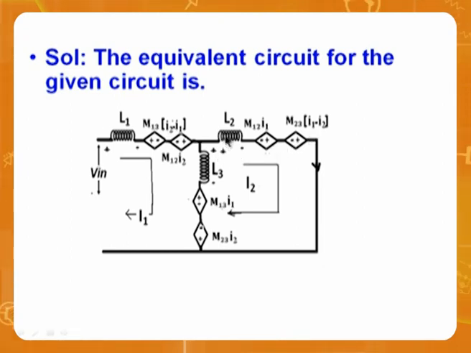What is same? M12 is opposite. We already decided. If this is opposite here, here also it will be opposite. Please remember another serious matter that I forgot to tell you so far. M12 is equal to M21. The coupling from the first coil to the second coil is the same as the coupling from the second coil to the first coil. So these are the couplings that we have.